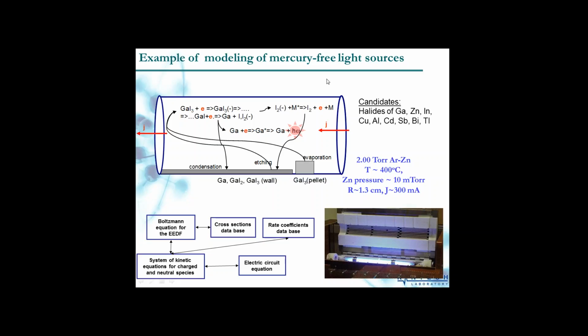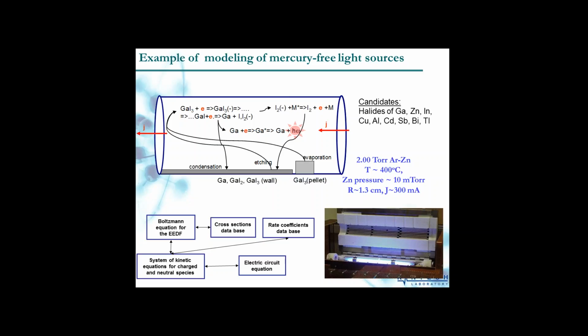The first example is a modeling of a mercury-free light source. The problem was the following: is it possible to find some element which can replace mercury in the fluorescent lamp?